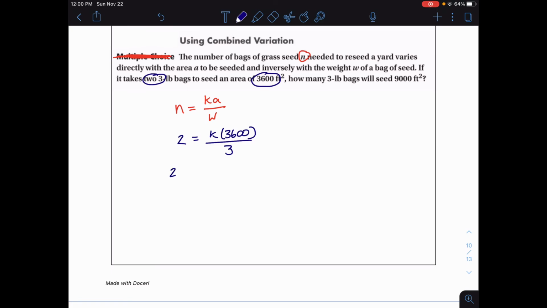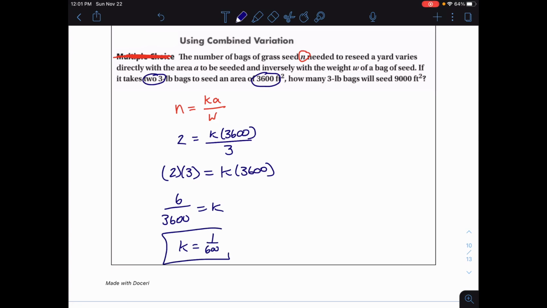So we've got 2 times 3 here, and it equals k times 3,600. Then we're going to divide by the 3,600. So we've got 6 divided by 3,600 equals k. Well, when we reduce it, k should equal 1/600th, and so we'll leave it like that.